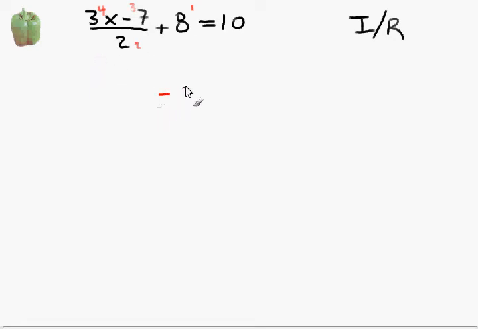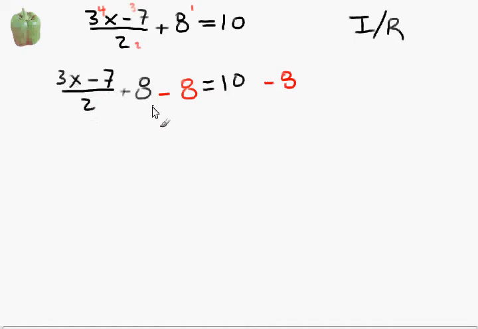So first things first, we'll subtract 8 from both sides of this equation. This will be equal to 10 minus 8.